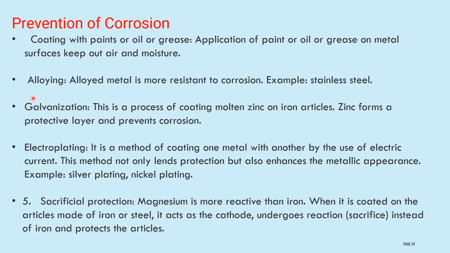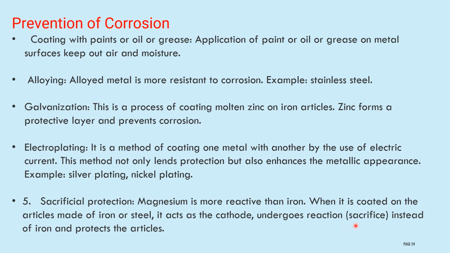Fifth one, sacrificial protection. Magnesium is more reactive than iron. Yes, magnesium is more reactive than iron. When articles made of iron or steel are coated with magnesium, that magnesium acts like an anode and undergoes the reaction.